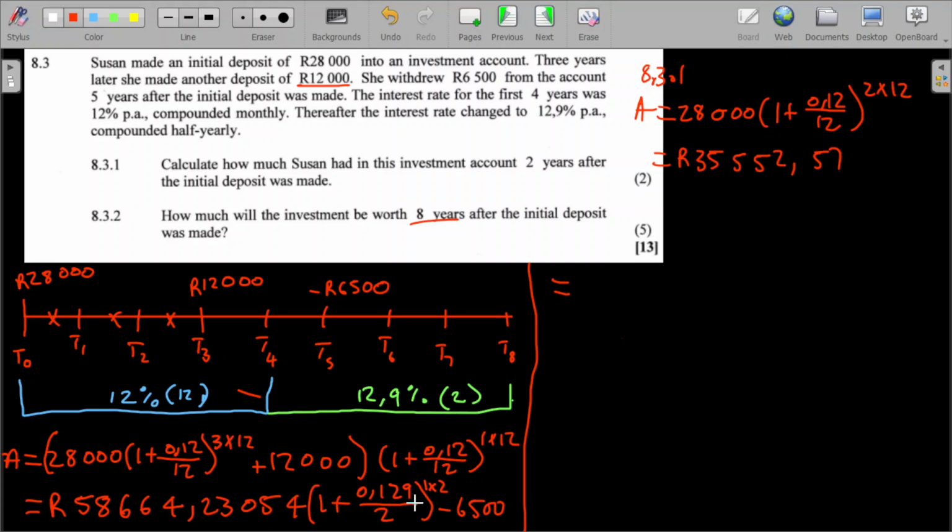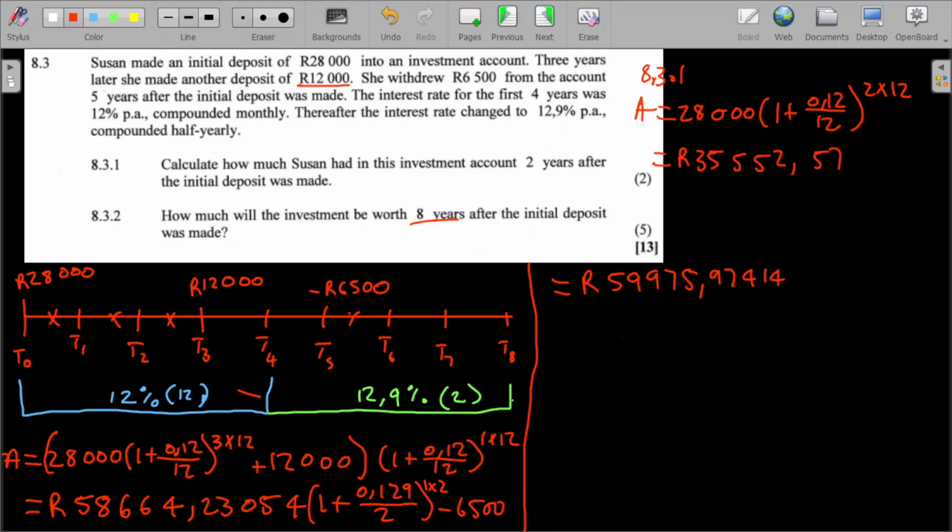So it's 1 plus 0.129 over 2, to the power 1 times 2, and then you withdraw the amount of 6,500. Then the amount that is going to be in the bank after withdrawal is 59,975.097414. Again, I'm not going to round off because this is not my final answer.